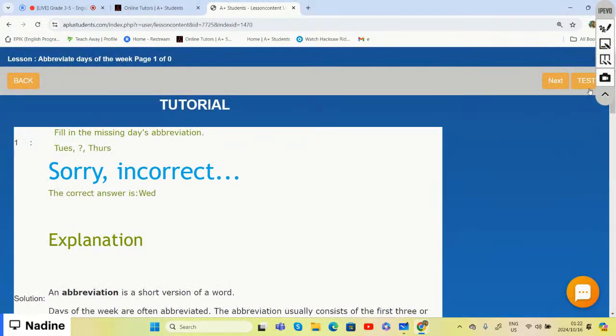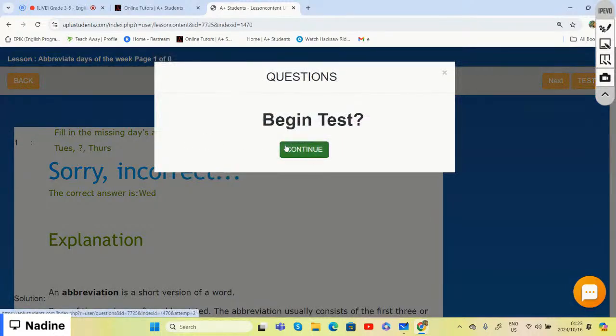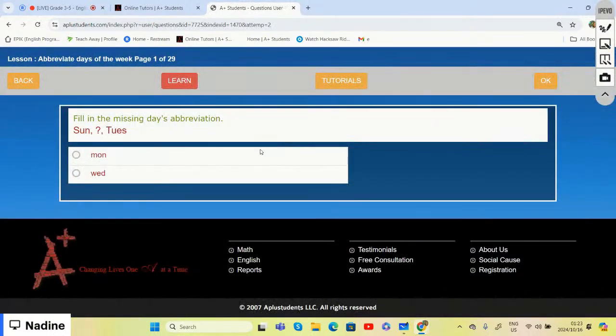All right. So now we're going to our test. We need to fill in the missing day's abbreviation. The words given are Sun., blank, Tues.